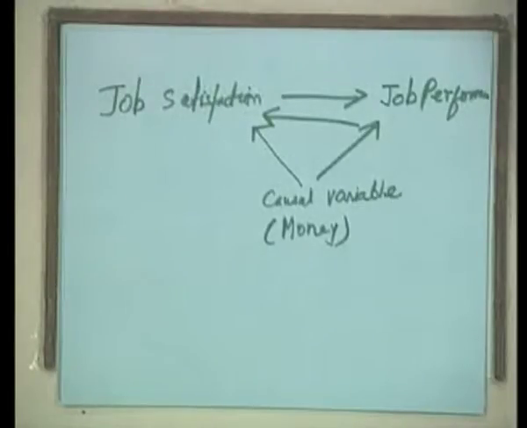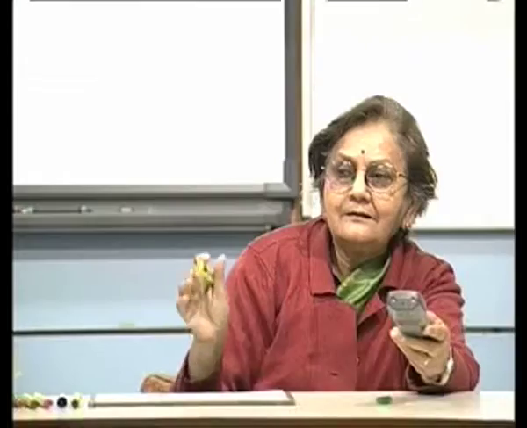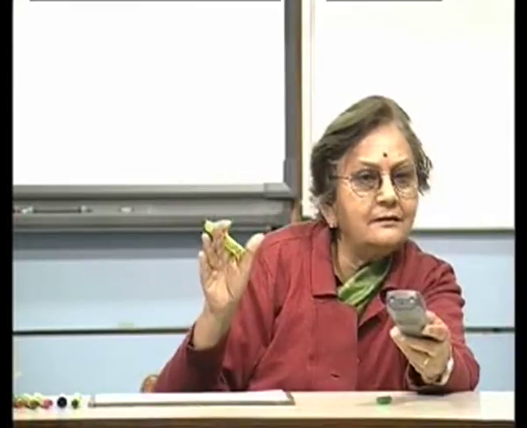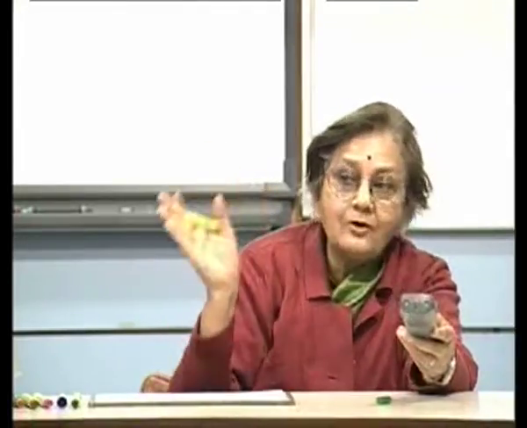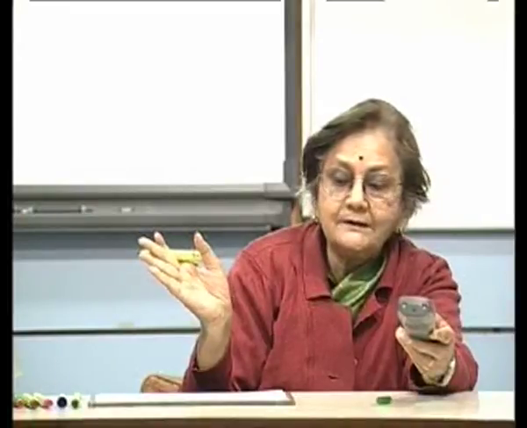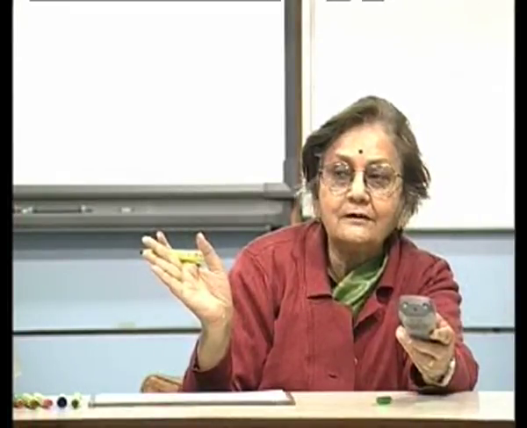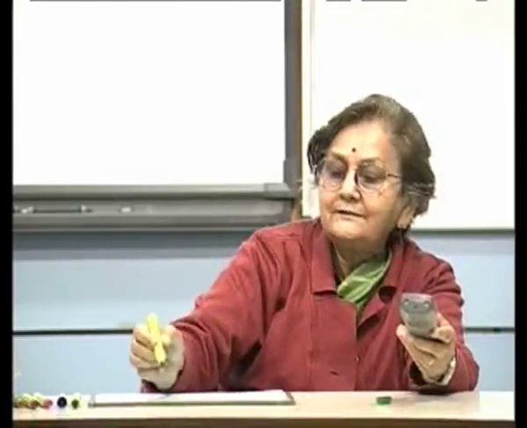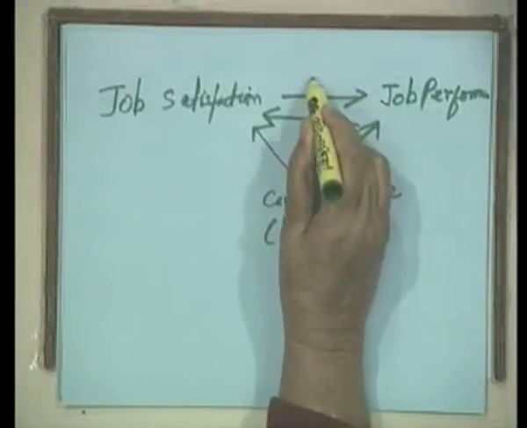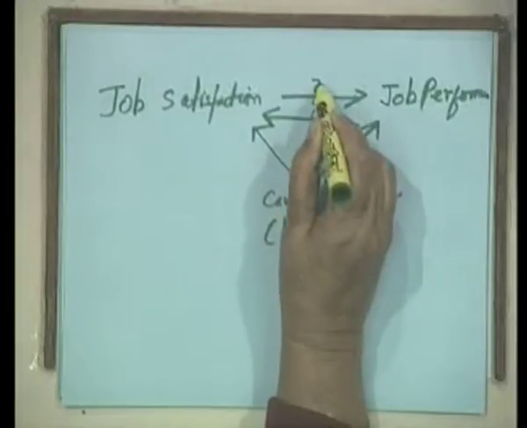And some of the recent studies are suggesting that in addition to these three theoretical positions, we have a fourth one that has come up in recent years, which is talking about intervening variables. That means the relationship is intervened by a number of factors.